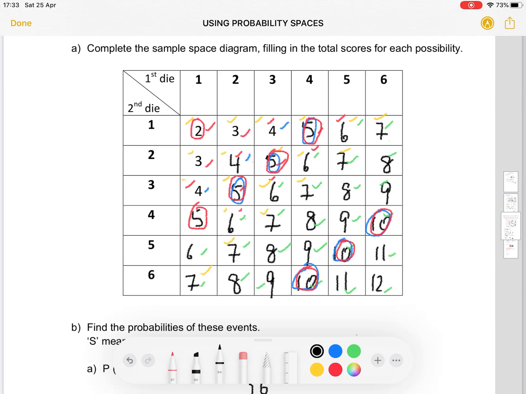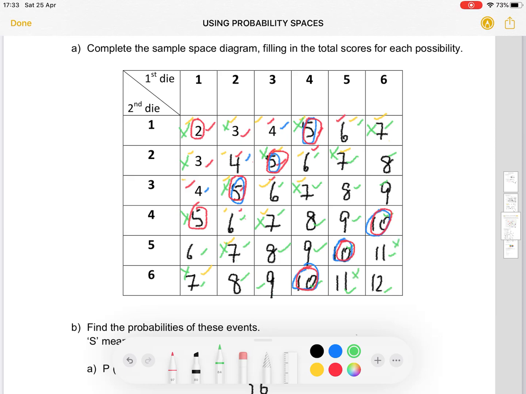I'm going to mark them with green. 2 is a prime number, 3 is a prime number, 5 is a prime number, 7 is a prime number, and 11 is a prime number as well.